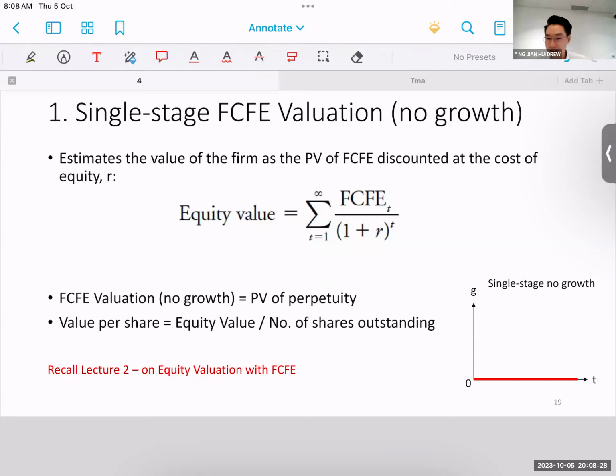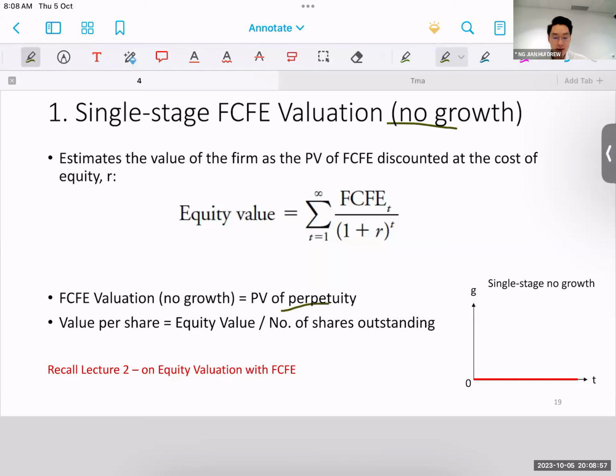Okay, so I don't think we have any question for the FCFF. So let's continue with FCFE. Again, we look at two different stages. First, we do a single stage FCFE by assuming no growth. So no growth, we are using a perpetuity formula, right?